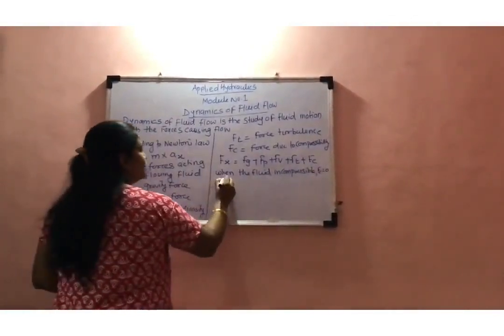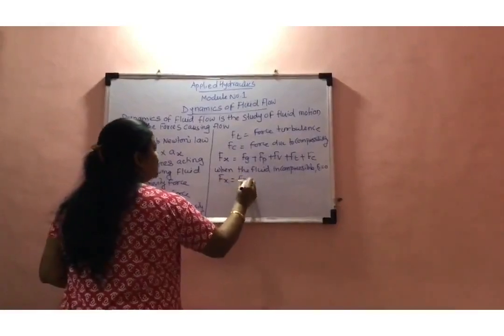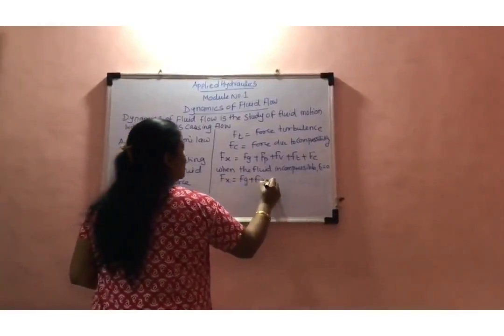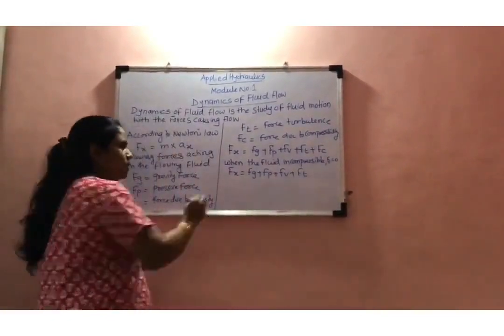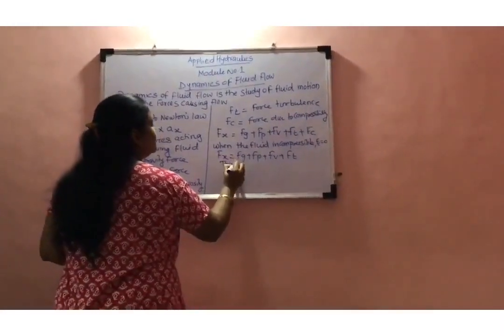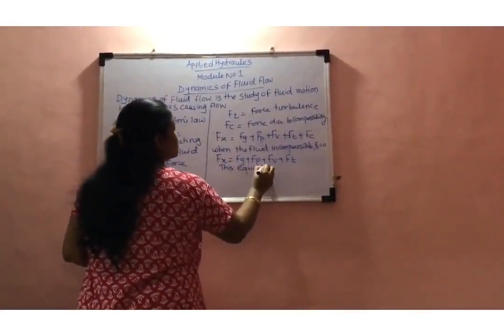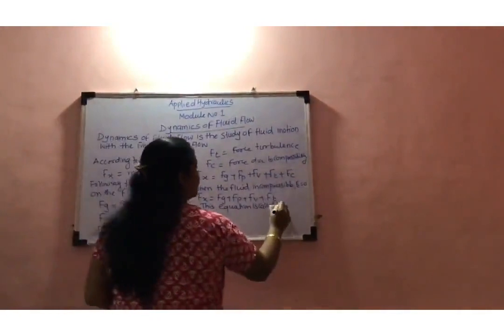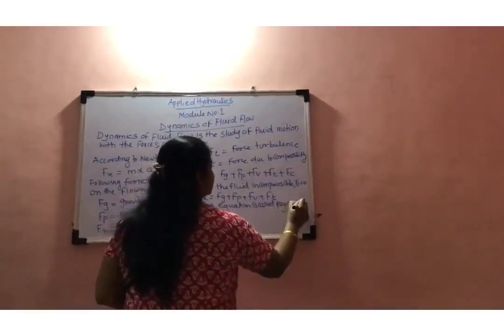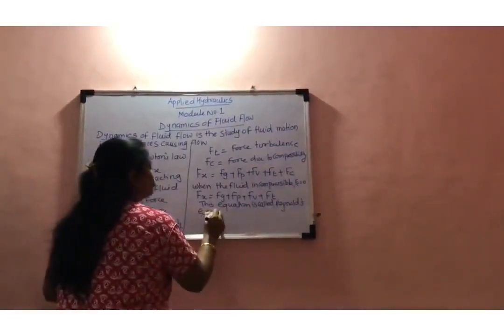Then the equation becomes Fg plus Fp plus Fv plus Ft, and this equation is called Reynolds equation of motion.